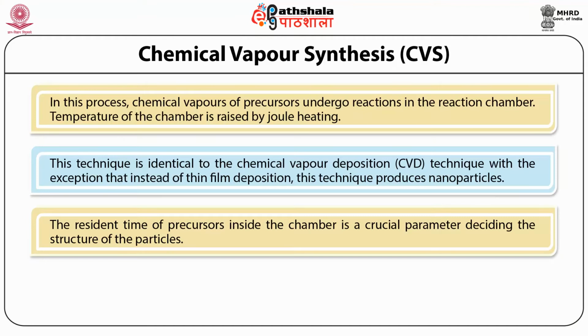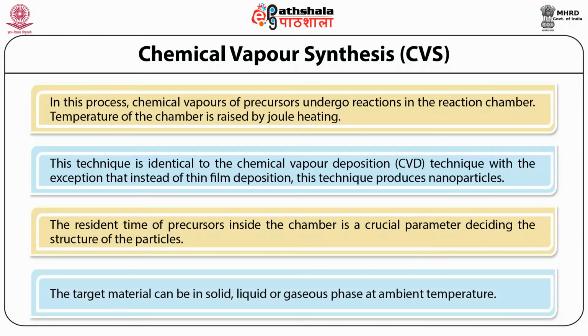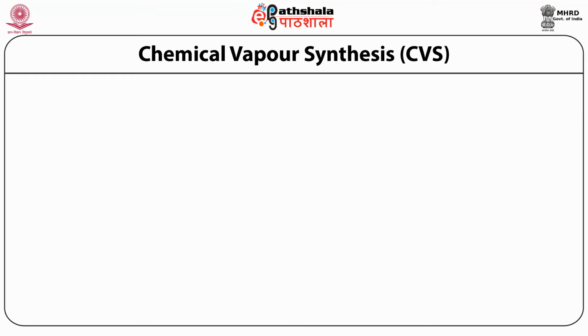The residence time of precursors inside the chamber is a crucial parameter which decides the structure of the particles. The target material can be in solid, liquid, or gaseous phase at ambient temperature.